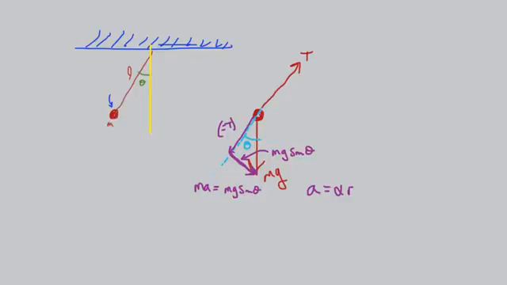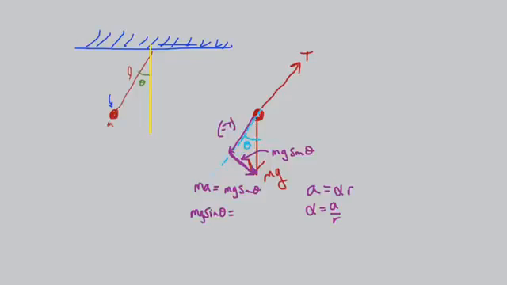So this means that alpha equals our acceleration divided by our radius. So we're going to bring that over here, and we're going to have our mg sine theta. I'm switching it around here.